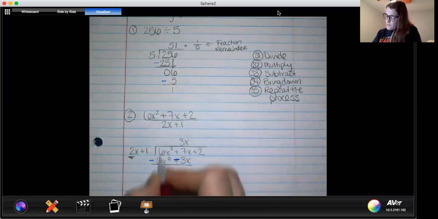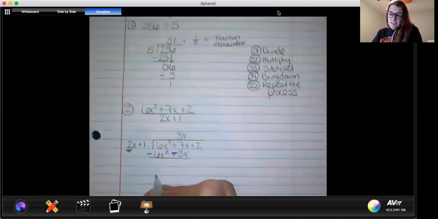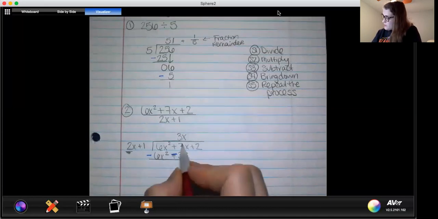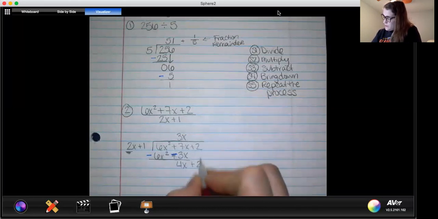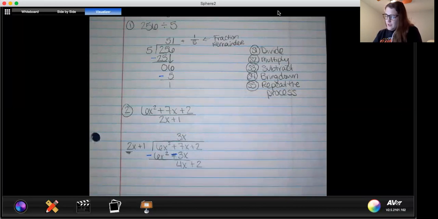So remember that first term should always cancel out. If it doesn't, then something went wrong. So this cancels, so when you get 7x minus 3x, which is 4x, bring down the plus 2, you don't have to draw the arrow, and repeat the process.